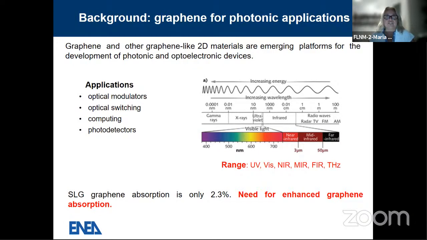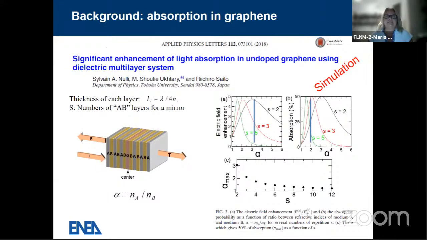That is generally achieved by patterning graphene by electron beam or ion beam lithography, or coupling graphene with photonic crystals, metamaterials, or plasmonic materials. And recently, the absorption in unpatterned and undoped graphene was simulated by using an optical filter.